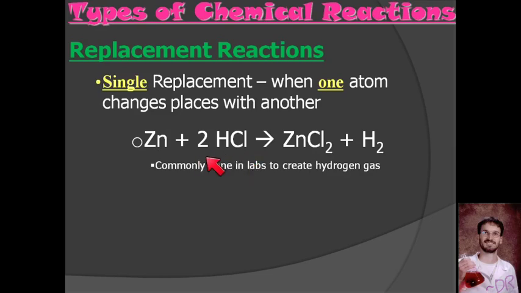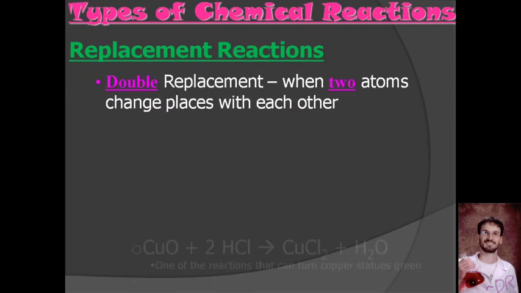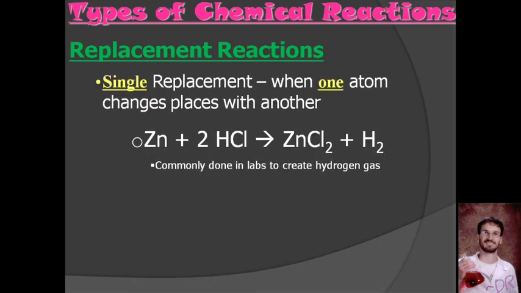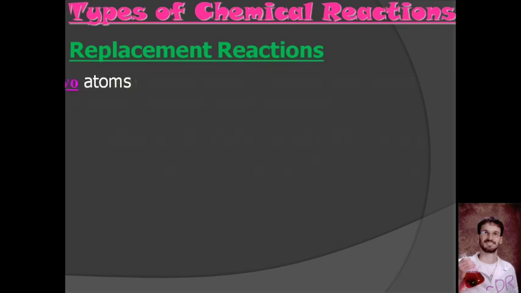So what happens is the zinc and the hydrogen switch places, and we end up with zinc chloride and hydrogen gas. And notice this one didn't take anything over the arrow, because it will happen just because the 2 things are together. It doesn't need anything to make it happen like heat or light. It's spontaneous, we call it.